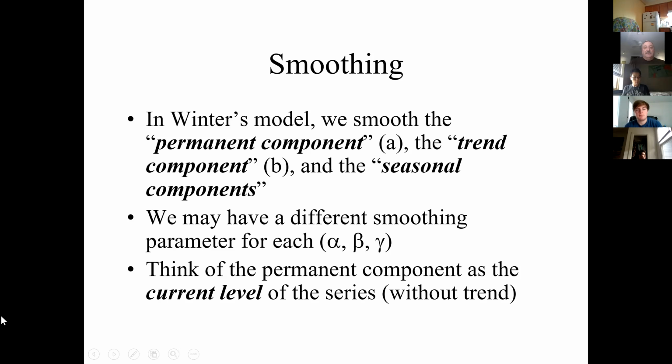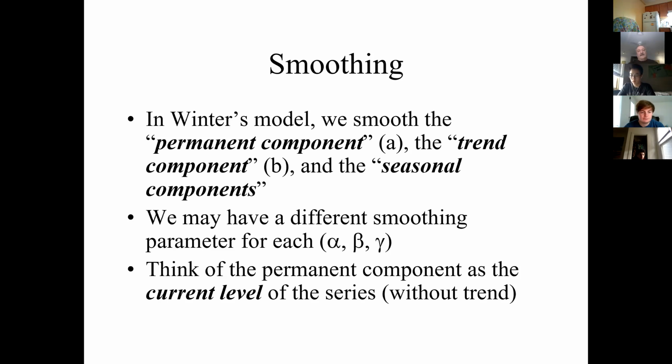So we're going to smooth three different things. We're going to call them the permanent component, that's A, and you can think of that as the current level of the time series. And we're going to smooth the trend component, that's basically the slope. Then we're going to have the seasonal components, those are the seasonal adjustment factors.